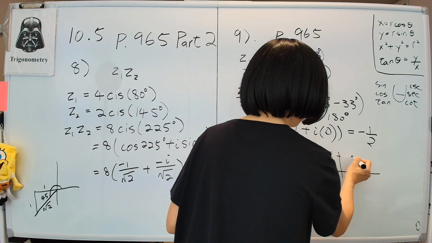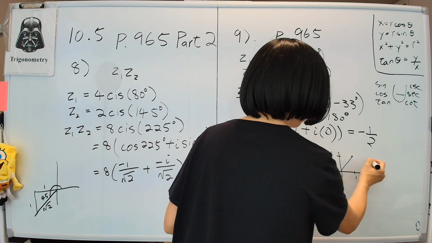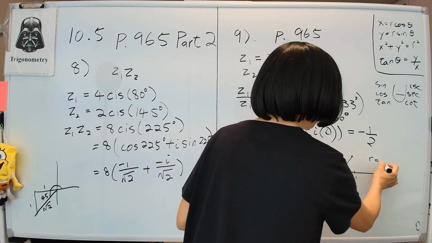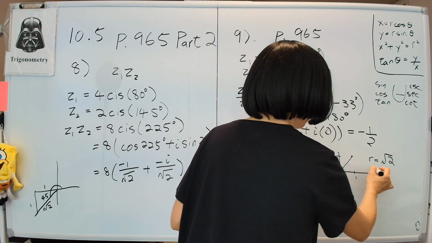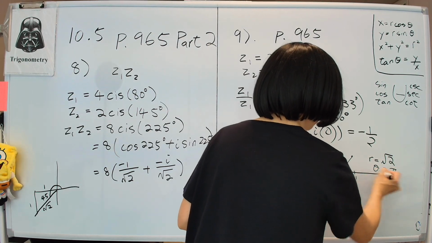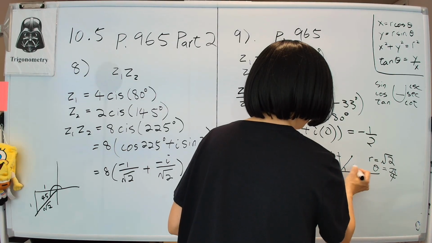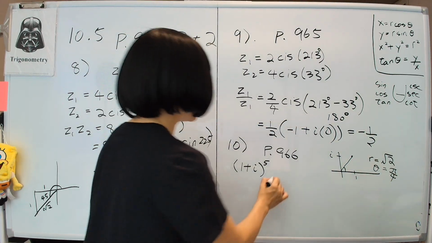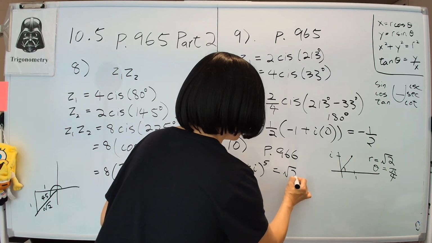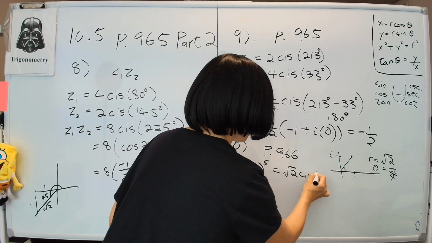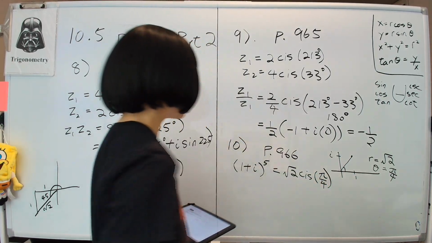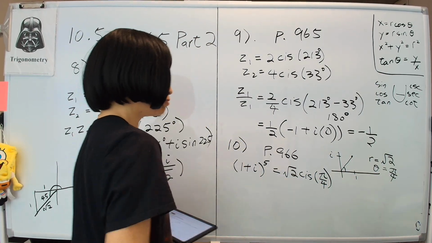So 1 plus i is right here, which means r equals the square root of 1 plus 1, so r is the square root of 2, and theta is equal to pi over 4. That is, this is theta, and that is pi over 4. So it equals the square root of 2 times CIS pi over 4, and that is the polar representation of 1 plus i.